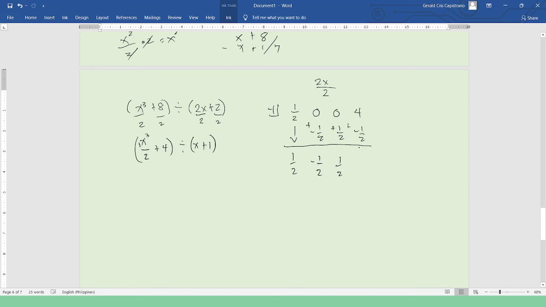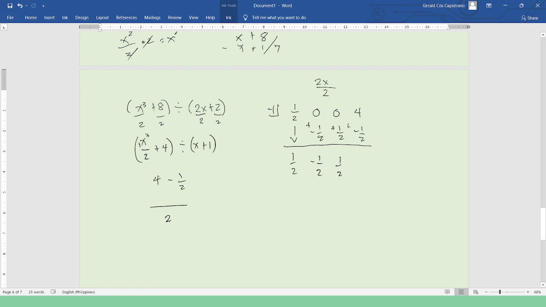And you need to add this, so paano ko mag-a-add ng fraction? Ipapaalala ko lang sa inyo, kung meron tayong fraction, so let's say 4, mag-a-add tayo ng isang fraction, let's say dito for this case, -1/2. You just need to get the LCD. Since ang denominator nito ay 1, ang LCD natin dyan ay 2.